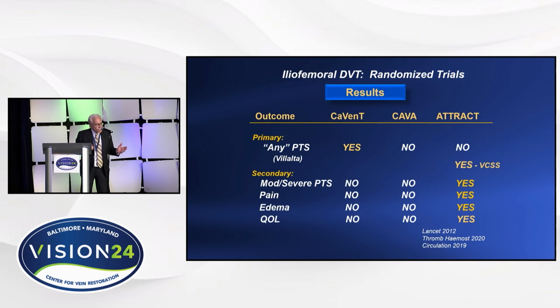And here we see that no, ATTRACT did not reach its primary goal of a significantly greater number of patients reaching the Villalta score of 4 or less. But there was a significant increase in the reduction in moderate to severe post-thrombotic syndrome, pain, edema, and quality of life in ATTRACT, whereas that was not the case in the other 2 randomized trials.